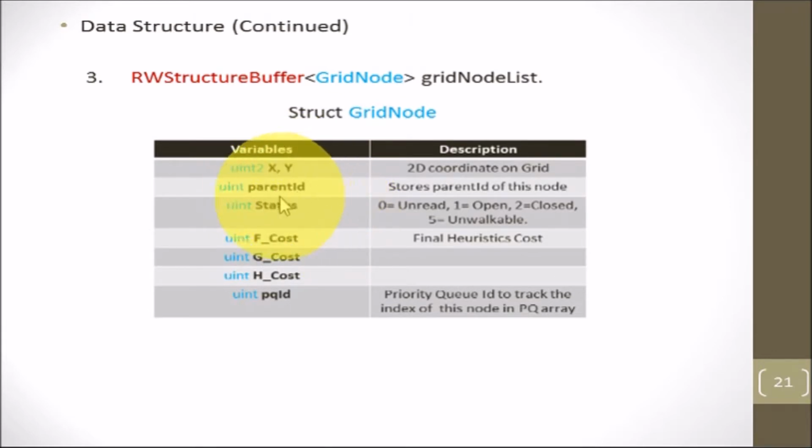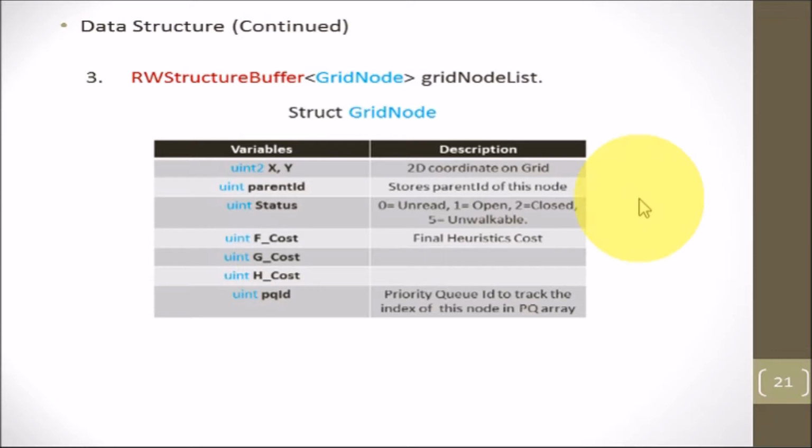Then the parent ID. As we process the A star algorithm, each node will be assigned a parent ID in order to find the final path, or to get the final cost and final path at the end of the algorithm.